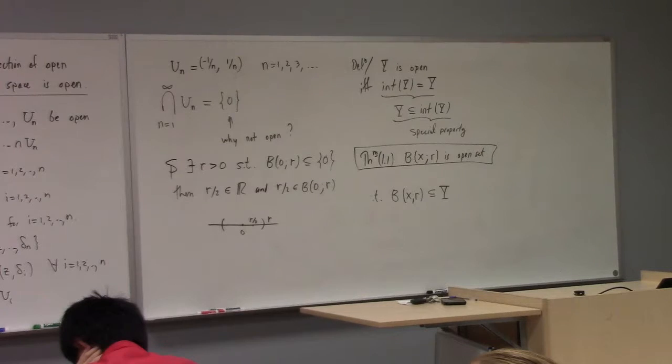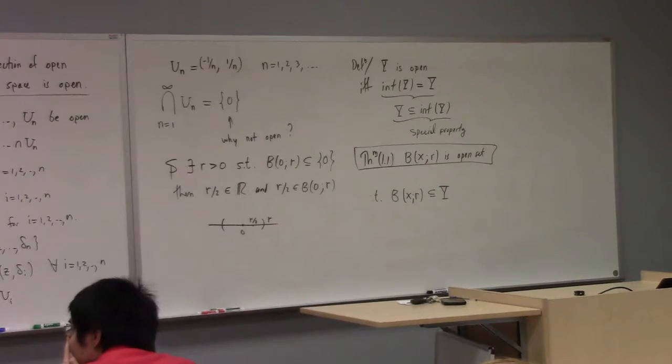So Y, a subset of X, and U, a subset of Y, all right?